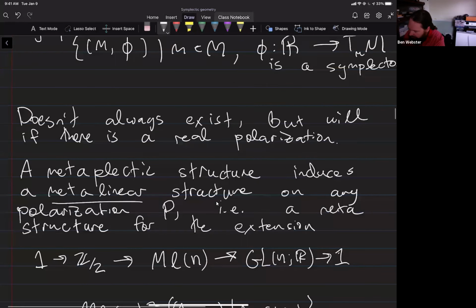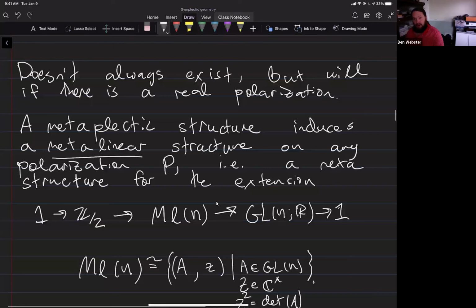All right, so this metaplectic structure is useful in part because it's a single global structure for the manifold. But then on any polarization, it induces a different kind of meta structure. So let me not go through all the arguments with the groups, but if you have a polarization, then you can look not at all symplectic frames, but at all symplectic frames where the vectors e_1 up through e_n span your polarization, and the other ones go somewhere else.